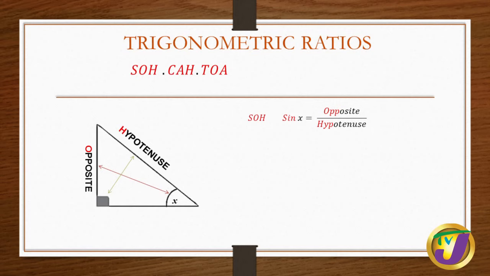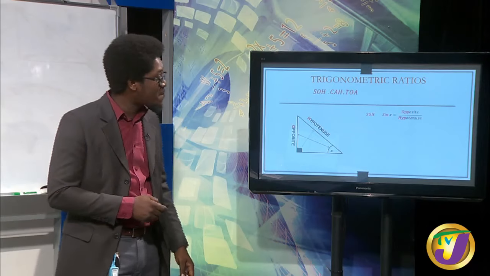These show the ratio of sine. You also see it is abbreviated SOH, the S representing sine, O for opposite, and H for hypotenuse. Nice little abbreviation there.